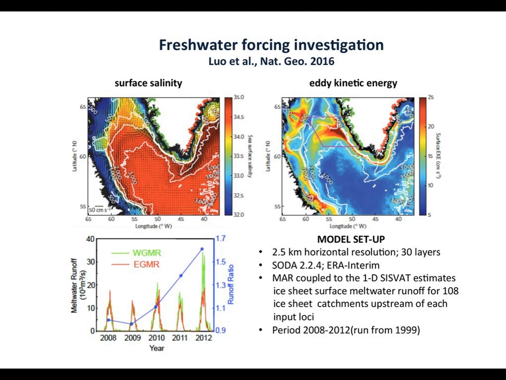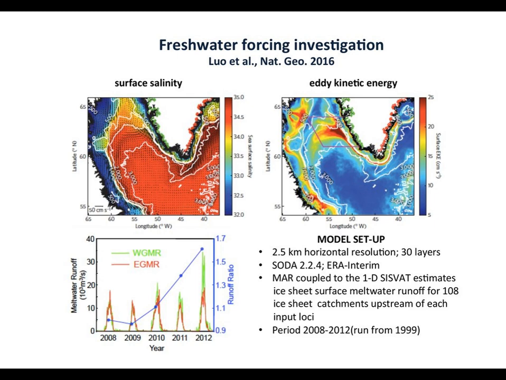And what we have done is to implement pretty much the model that I showed you before, at 2.5 kilometers, adding the meltwater on both East and West Greenland. We have been running from 1999, and I will be considering mostly the period 2008 to 2012.